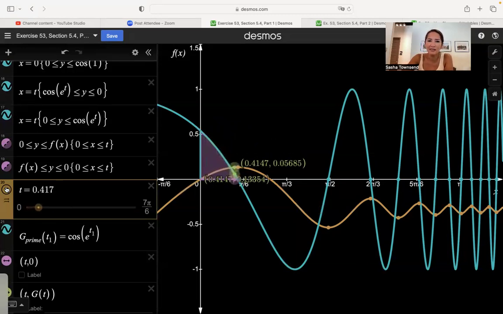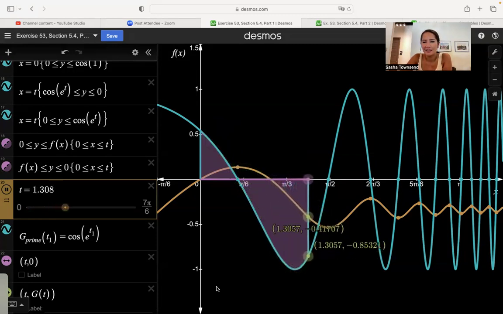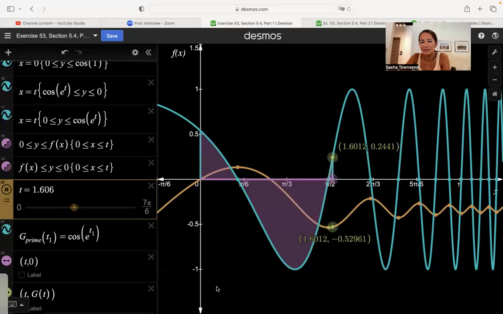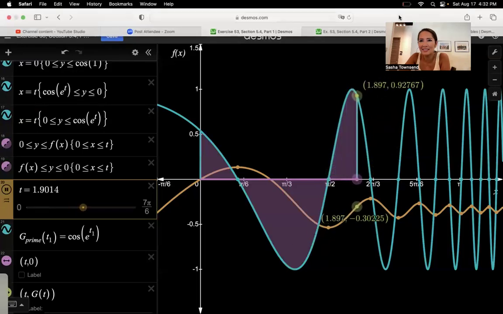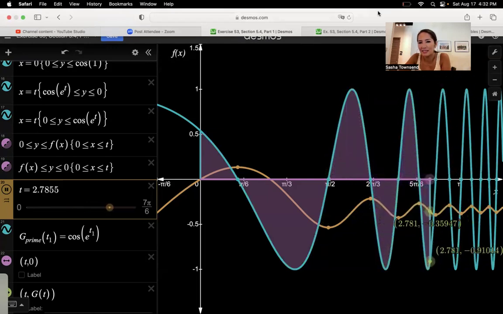But if you focus on that pink dot on the x-axis, notice that we're moving across the x-axis at a constant rate. I don't actually know what that rate is, but it's a constant rate. We took the derivative of x equals t, we just get 1. So 1 unit per unit time. I just don't know what those units are.